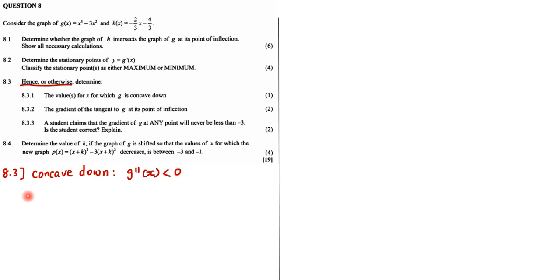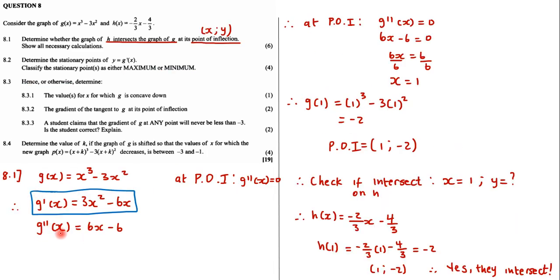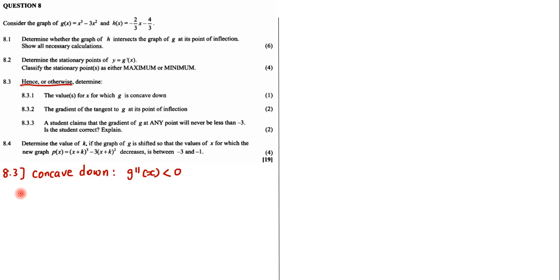If you remember, earlier we had already calculated our second derivative. So we know that g double prime of x is equal to 6x minus 6.